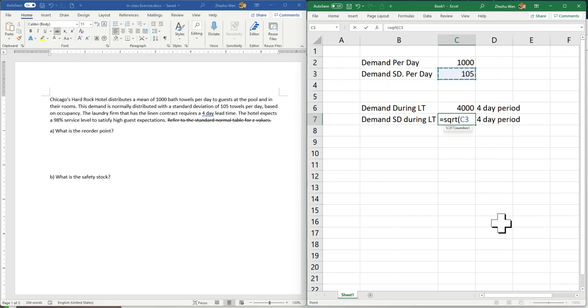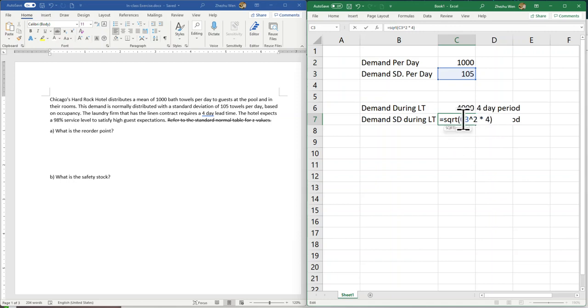You are squaring your standard deviation. Remember, when you square your standard deviation, you get a variance. So in order to get the standard deviation over the lead time days, you need to first square it, and then multiply it by the number of days. So this is the conversion process.